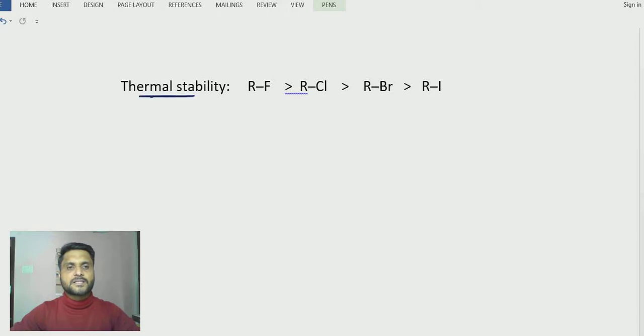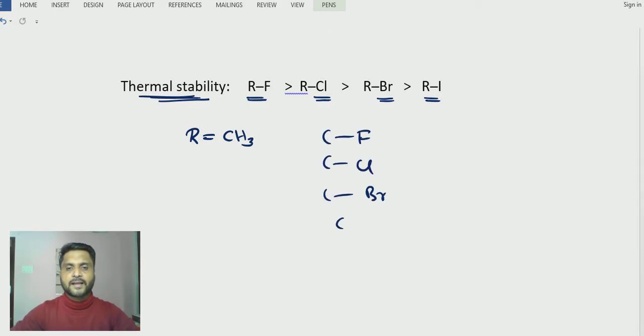About the thermal stability: RF greater than RCl greater than RBr greater than RI, keeping R the same. For example, R is CH3. Now consider the carbon-fluorine bond, carbon-chlorine bond, carbon-bromine bond and carbon-iodine bond. Down the halogen group, fluorine, chlorine, bromine, iodine, the size of the halogen goes on increasing.